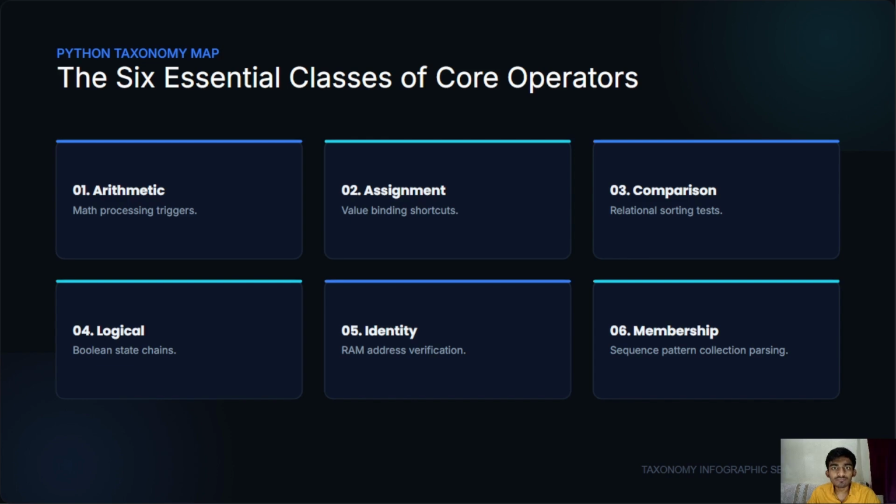These compare two values and give us either true or false. Fourth is the logical operator. Logical operators allow us to combine multiple conditions together, like a chain of booleans. Then there comes the identity operator. These check whether two variables refer to the same object or not. After that, we have the membership operator.